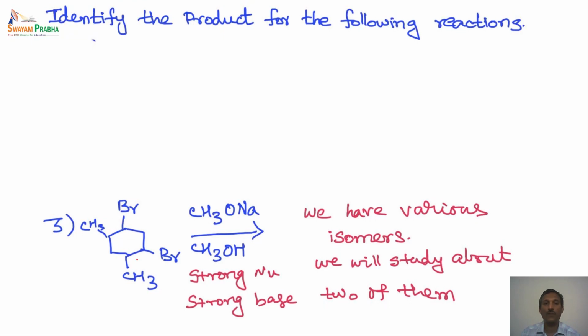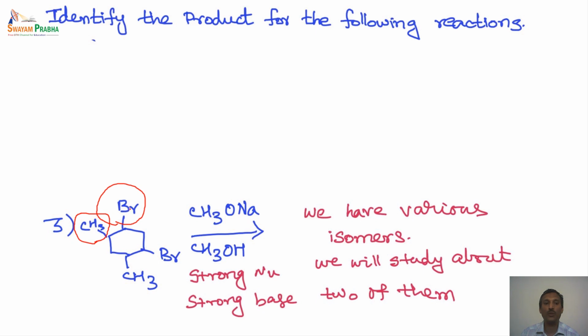Since the stereochemistry of the isomers is not given here, we will be taking only a couple of examples. We will not work out the problem for the other isomers, because in many of the cases, if this methyl group and this bromine are in the anti or trans orientation, then elimination will not happen in those substrates.